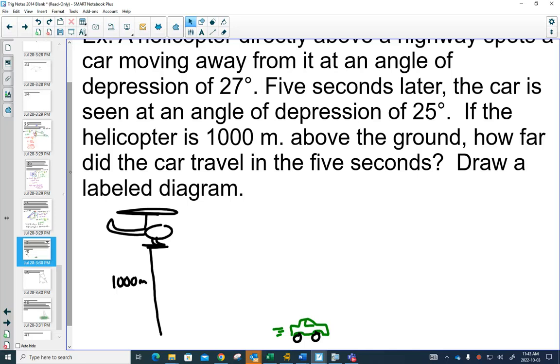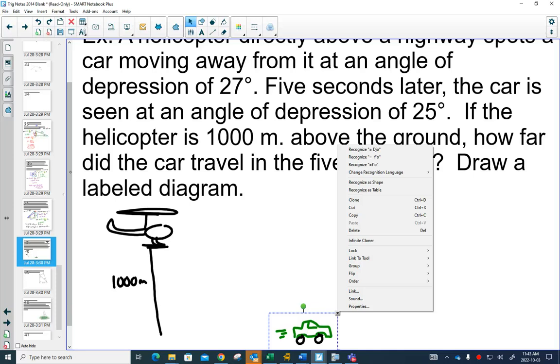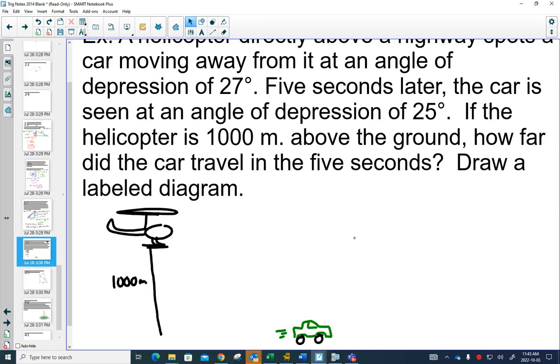At an angle of depression of 27 degrees. So from here to here, angle of depression is always from the horizontal. This angle is 27 degrees.